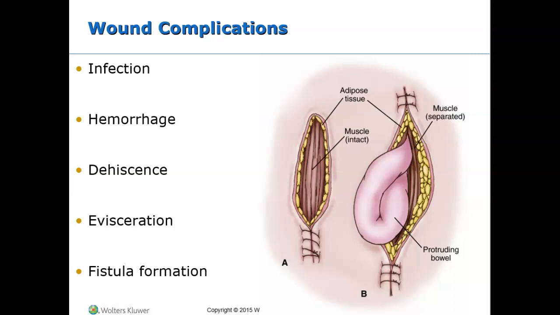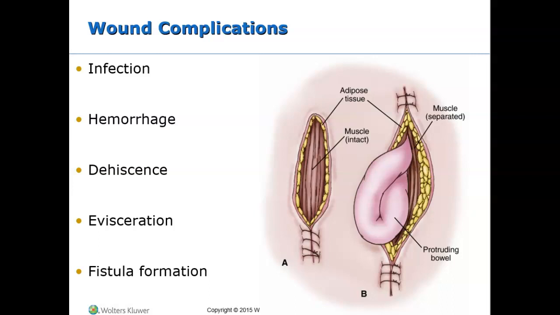Evisceration is total separation of the layers of a wound in which internal viscera protrude through the incision. So here you have a piece of the bowel protruding out of the wound or through the incision. This is a rare complication and is a surgical emergency.